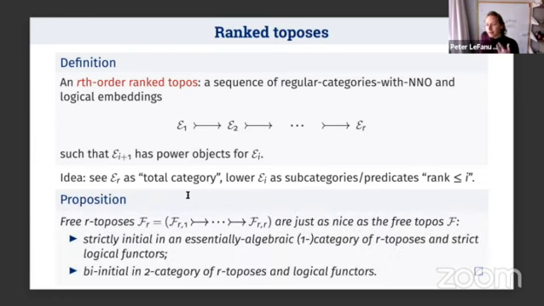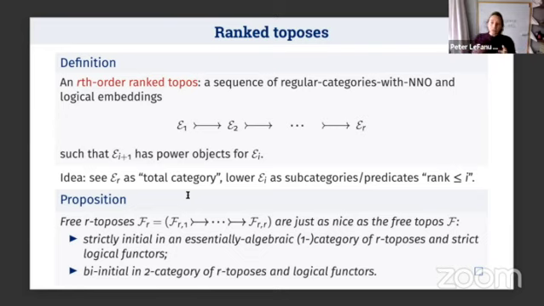And the key technical point is that the free R toposes are just as nicely behaved as the free topos. In particular, you can arrange for them to be both strictly initial in an essentially algebraic one-category. This is useful because it makes the internalization into other categories much easier, because the machinery of essentially algebraic theories is available to you for that.